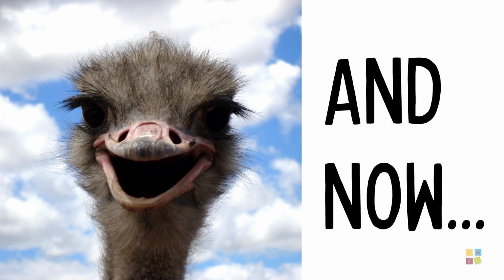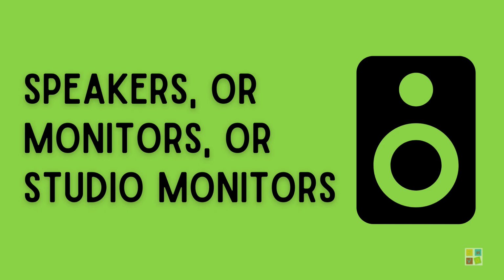Okay, before we conclude Series 1, a few words on speakers, or studio monitors if you prefer. I didn't include monitors in this mini-series as they're technically not part of the recording chain, but they are, of course, a necessary piece of studio equipment.